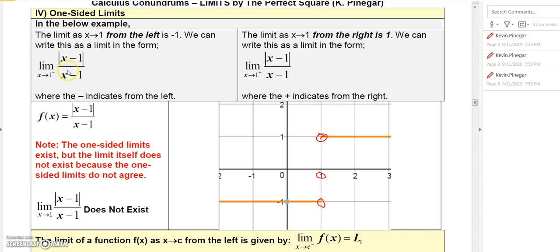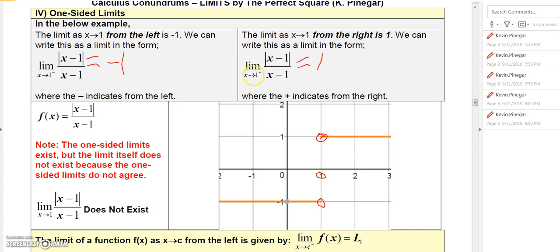That means the limit of this function as x approaches 1 from the left, and we saw that it would equal negative 1. And as you approach from the right, that limit equaled positive 1.